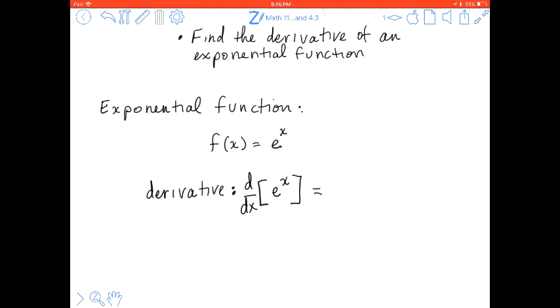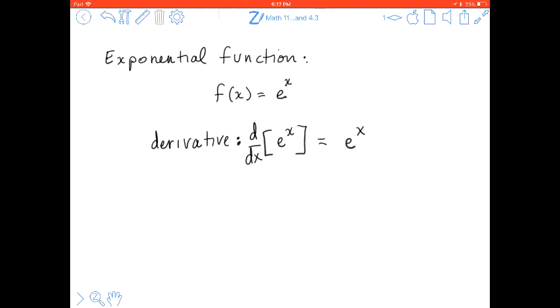The derivative of e to the x is e to the x. Now we're going to expand that using the chain rule. The derivative with respect to x of e to the u, where u is an expression of x. So u could be something like x squared, or 2x, or 5x squared minus 3. U just represents an exponent that is a function of x.